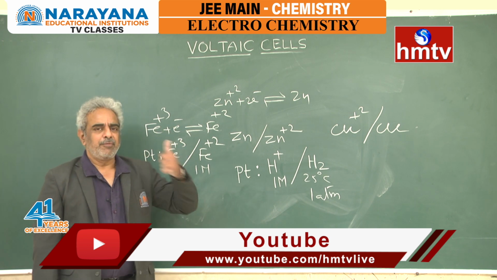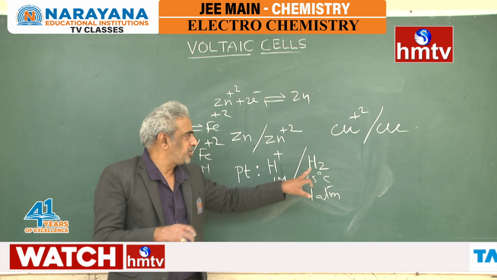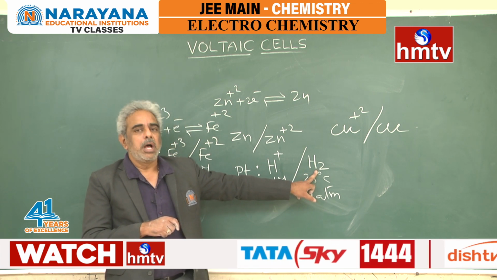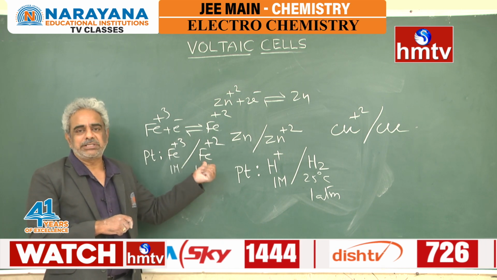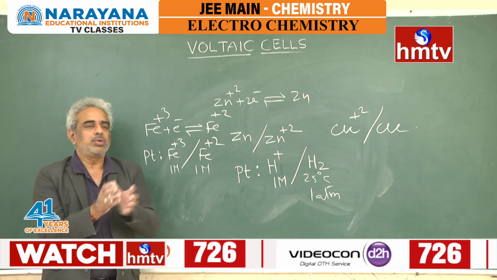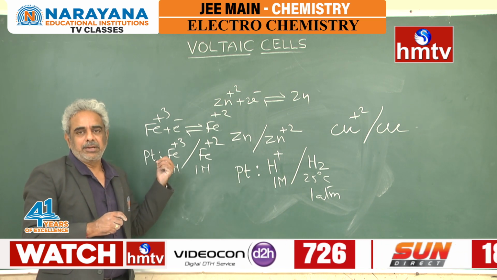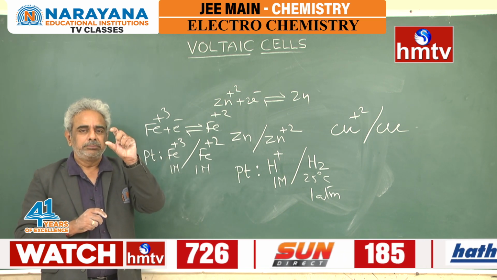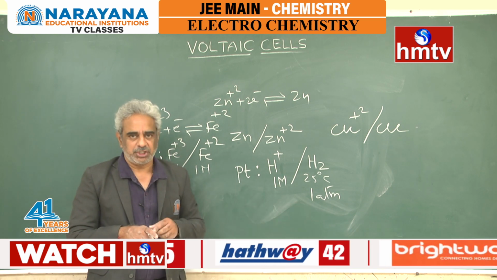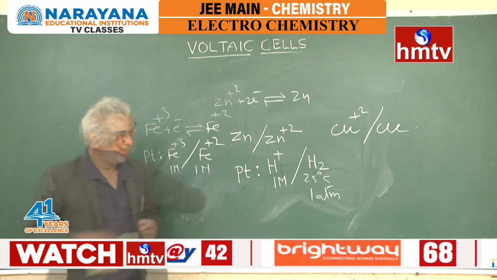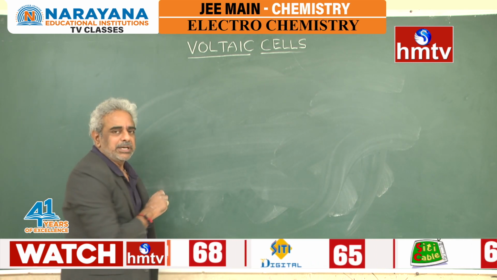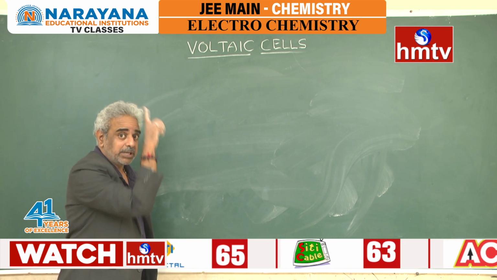Like that, whenever you have a gaseous species in the electrode reaction, or whenever both are ions in an electrode reaction, we have to use a platinum-like inert metal for connectivity's sake, and we will show it in the electrode representation. For example, your Daniell cell, if you remember well, is constructed with zinc in the first example.